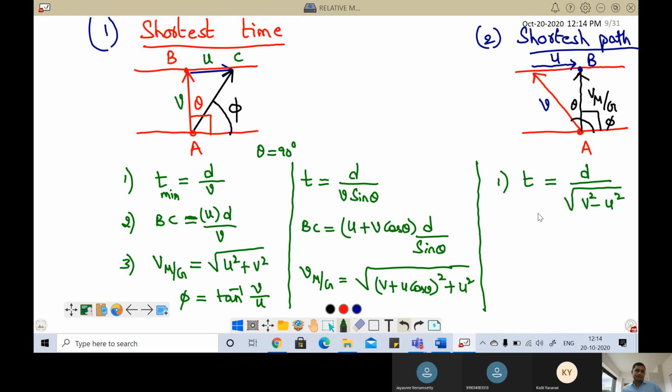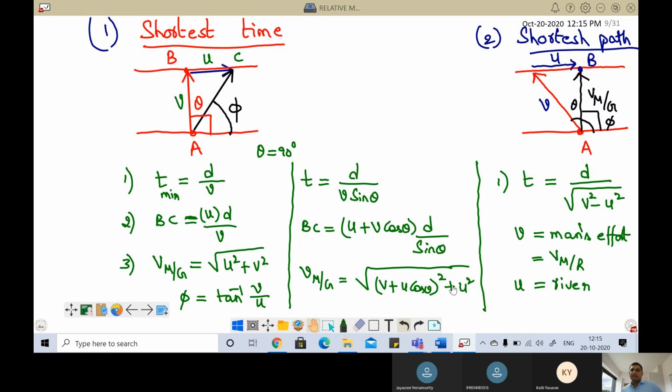Correct, very good. Here always remember V. What is V? Man's effort. Correct? V is called man's effort, or in other words, velocity of man with respect to river. And what is U? Velocity of river, reverse effort.